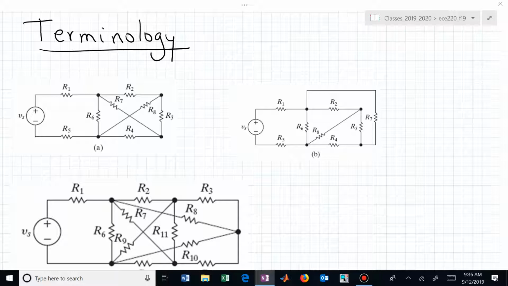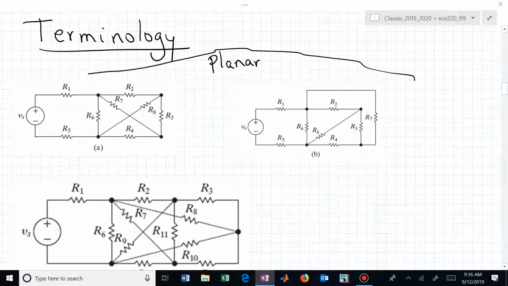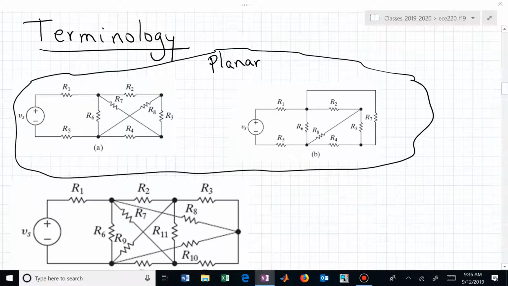The top two figures are what are referred to as planar networks. So that's this. This is figure 4.1 in the textbook, A and B. Hopefully you can see that A is the same as B.